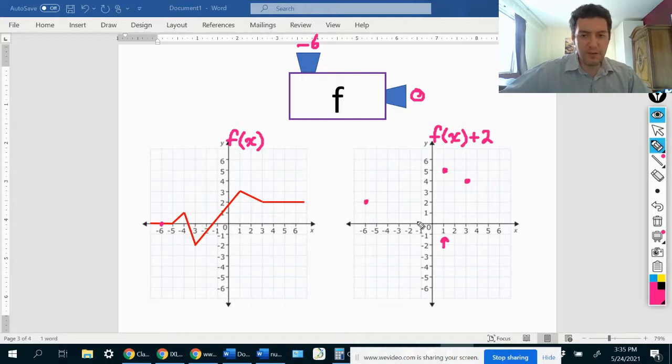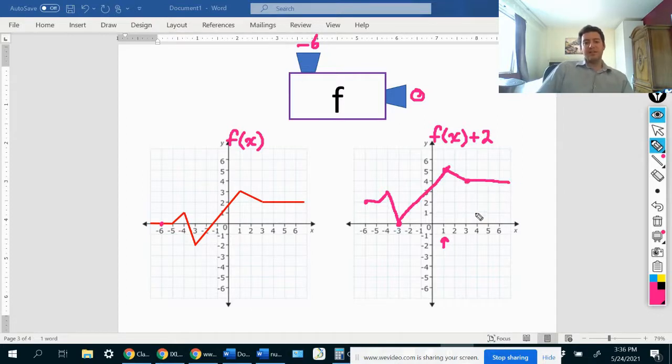Here, if we put -3 in, then we would get -2 out, but then if we add 2, then we would get 0. Okay, and we can just keep doing things in that way, and this is going to end up looking like this. Okay, it's going to be exactly the same as before, except 2 spaces higher.